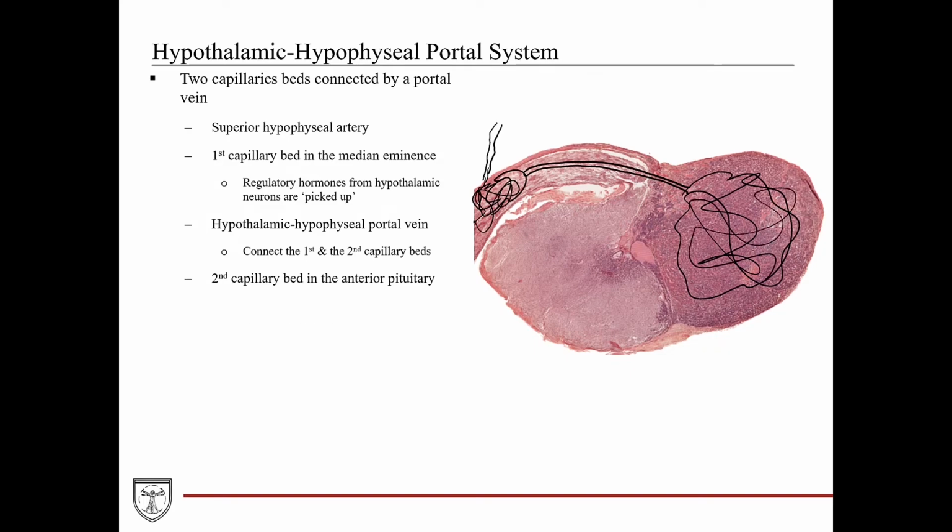Here, the regulatory hormones that were picked up by the first capillary bed bathe the endocrine cells of the anterior pituitary, which in return release their own hormonal products into the very same second capillary bed network, which eventually drains out of the pituitary by the hypophyseal vein and into the circulatory system.